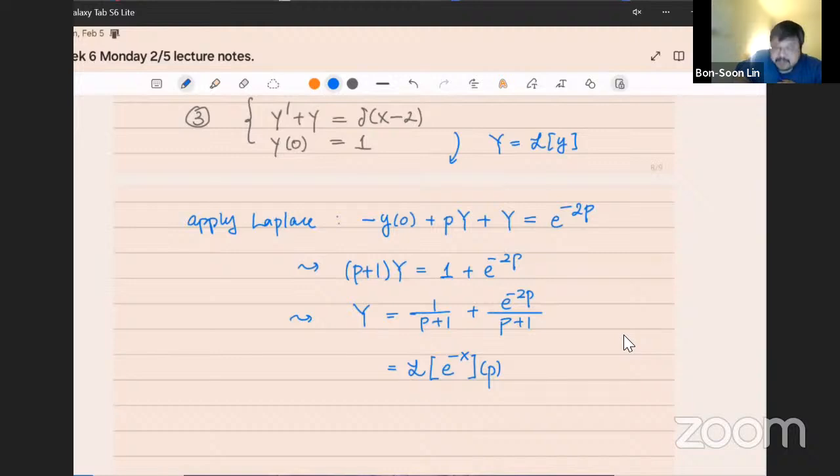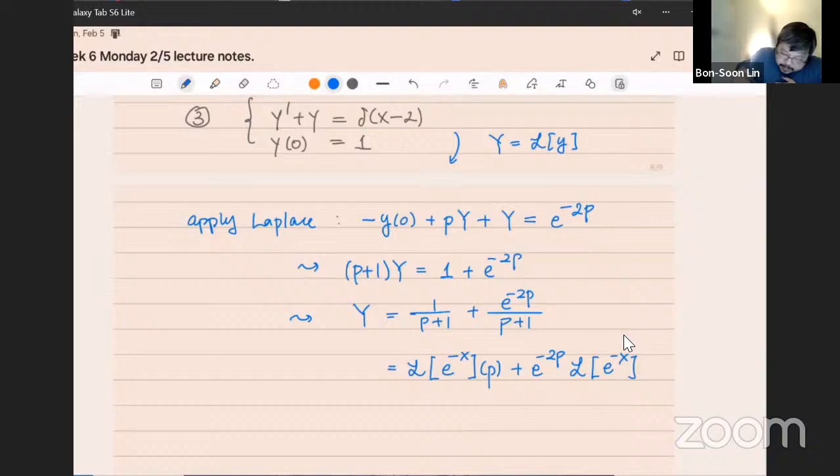Now, the second function, this is kind of bizarre, but it's not completely bizarre. This is e to the negative 2p times the Laplace transform of e to the minus x, because this is just e to the minus 2p times 1 over p plus 1, right? So I can first rewrite it like this: e to the minus 2p times the Laplace transform of e to the minus x.